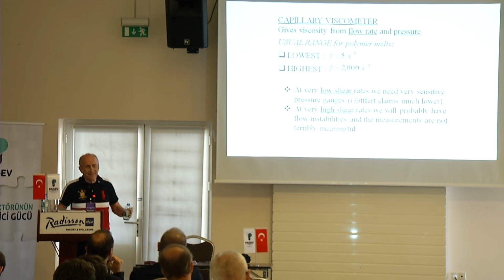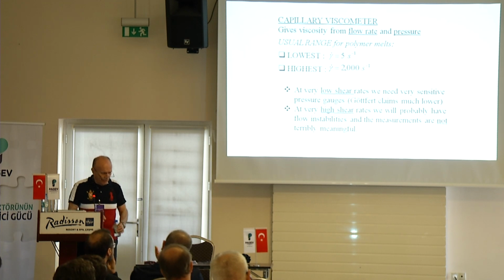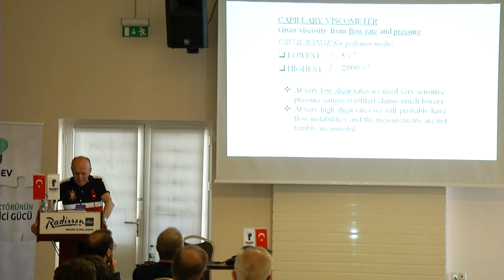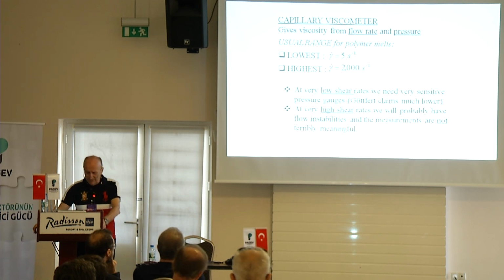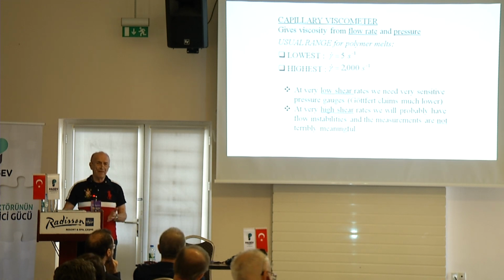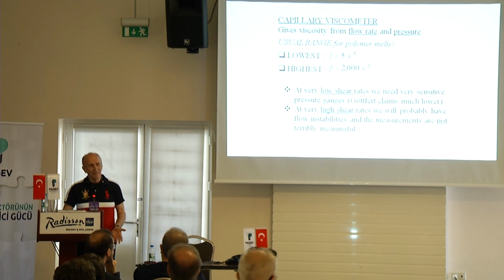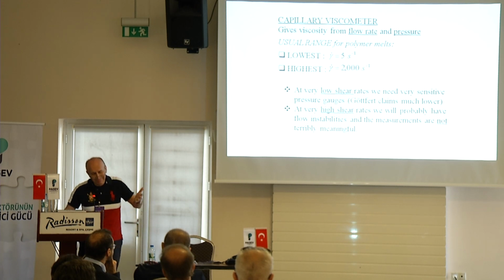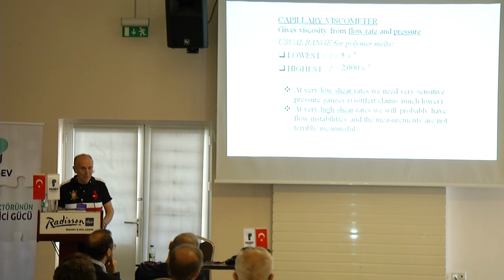Depending on how expensive the instrument is and how good it is, it usually may go from 5 to 2,000 reciprocal seconds, but it depends, there might be even better than that, but it depends how much money, because one capillary instrument, a good one, will cost at least 100,000 euro, okay? Well, Göttfert in Germany will sell you a better one for 3,000 euro. If you can afford it, you can do more accurate measurements.